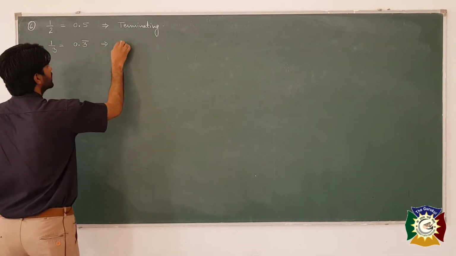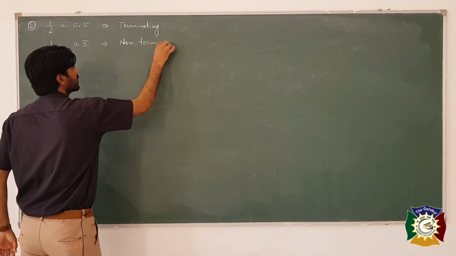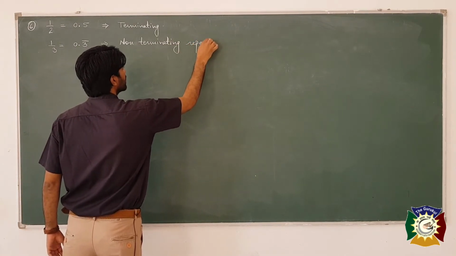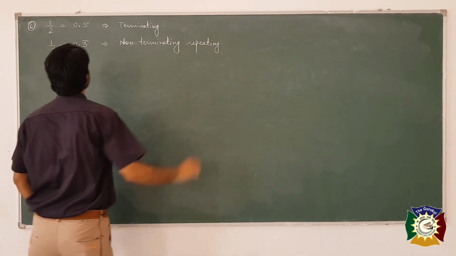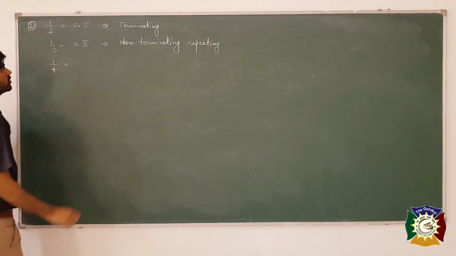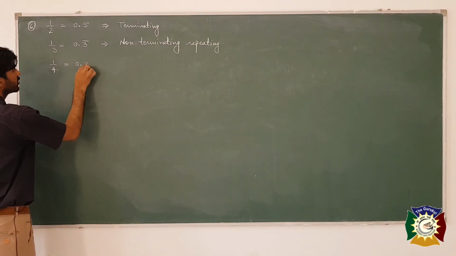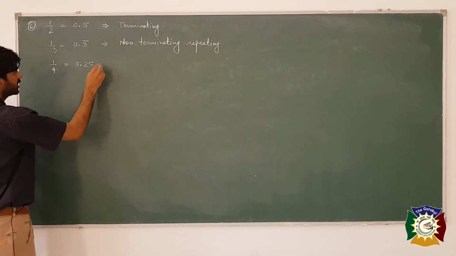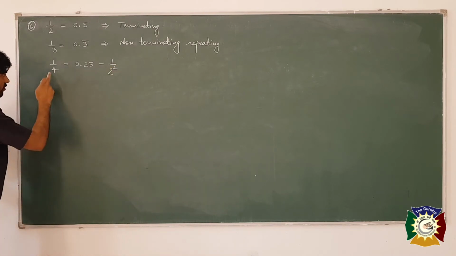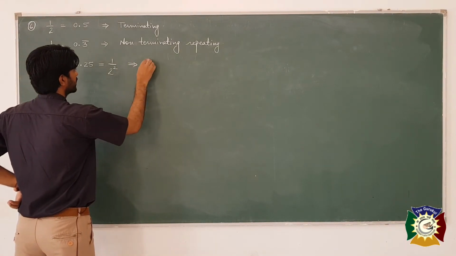So it is non-terminating, repeating. Okay. 1 divided by 4, it is equal to 0.25, and 4 can be written as 2 to the power 2. So it is terminating.